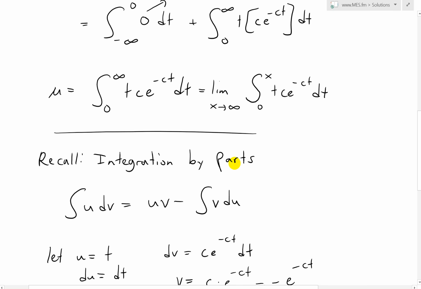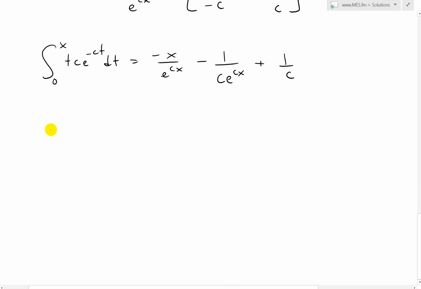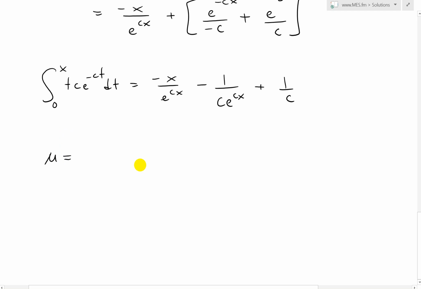When you go all the way back here, now we take the limit as x approaches infinity. Thus mu, the average or mean value, is equal to the limit as x approaches infinity of the integral from 0 to x of t c e to the negative ct dt, which is this whole thing right there. Let's plug this all together.